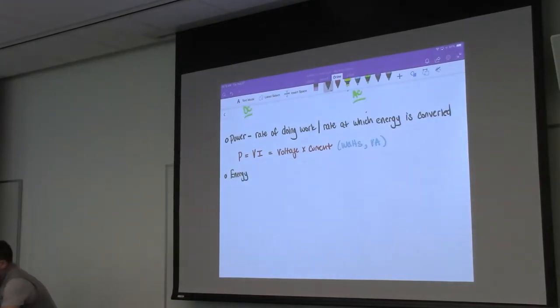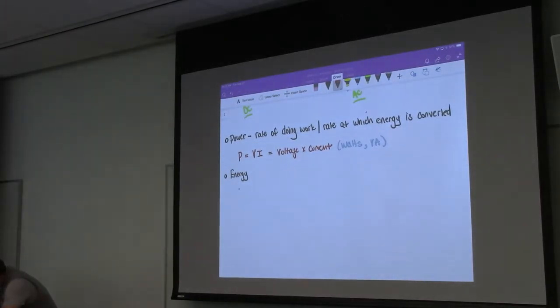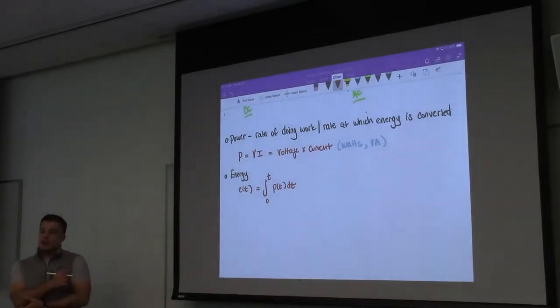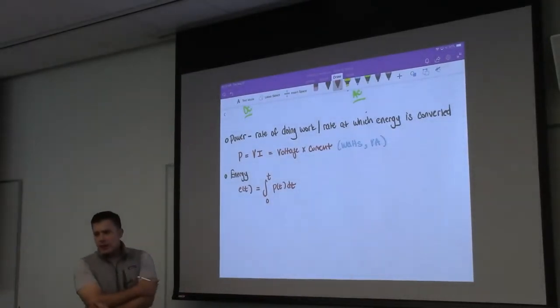Energy, we know what that is. It is defined as the integral of power over time. So there may be one or two questions that ask you to calculate the total energy that's consumed by a component.